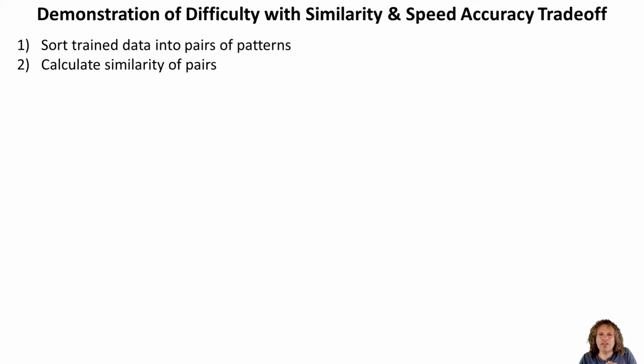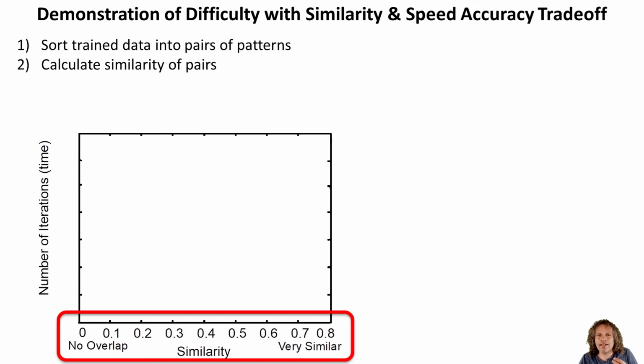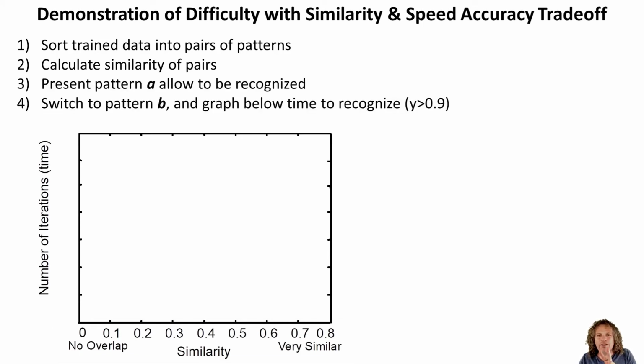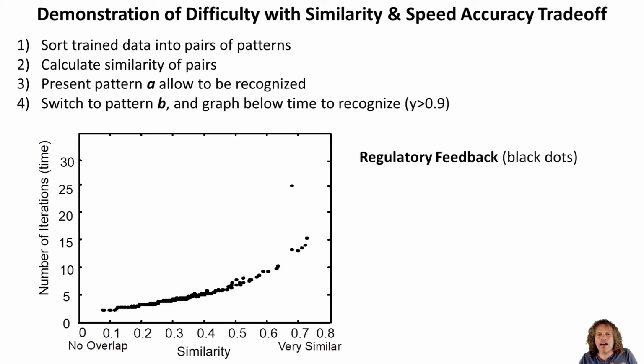To demonstrate this, I sort data that the network learned to recognize into pairs and calculate how similar the pairs are, how much they vary from each other. I present one, then quickly switch to the other and see how long it takes to recognize. When you look at the graph, the more similar the pair is, the longer it takes to recognize.